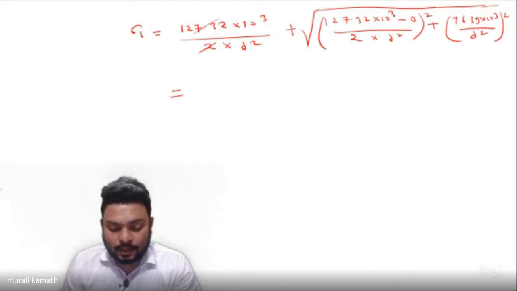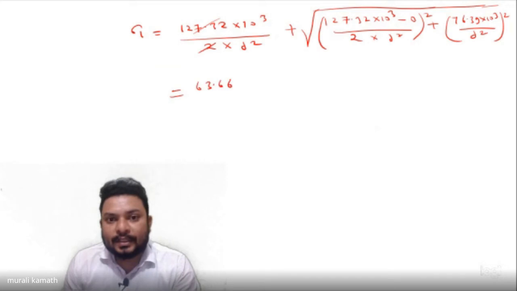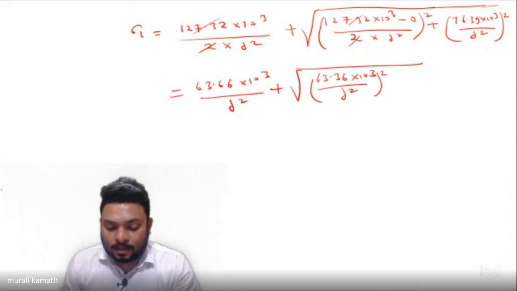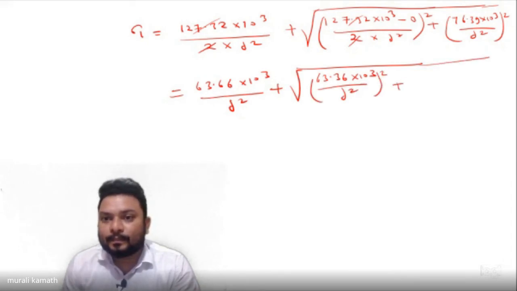You can cancel here, that will be 63.66 into 10 raised to power 3 divided by d square, plus under root of 63.66 into 10 raised to power 3 divided by d square whole square, plus 76.39 into 10 raised to power 3 divided by d square whole square, correct?